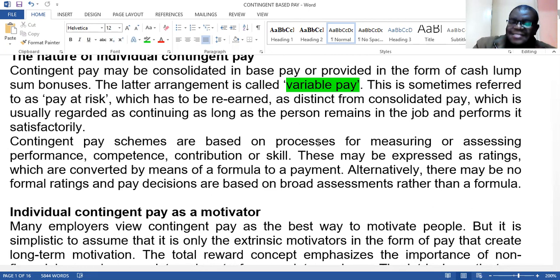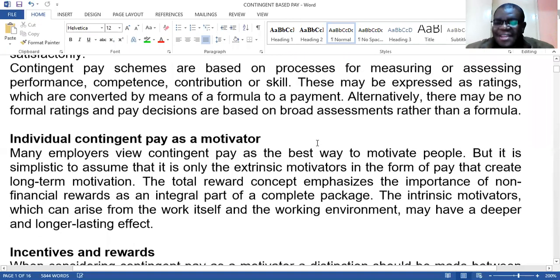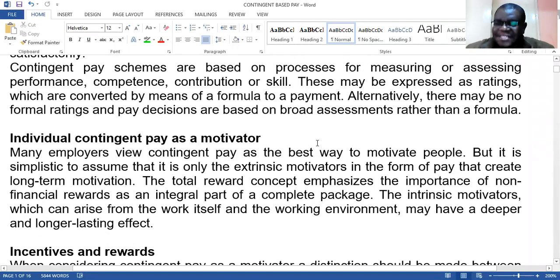Also, as an organization, you must have a framework in place for measuring or assessing performance, competence, contribution, skills, rating, and then using the results to determine how you will be rewarding and compensating the employees.